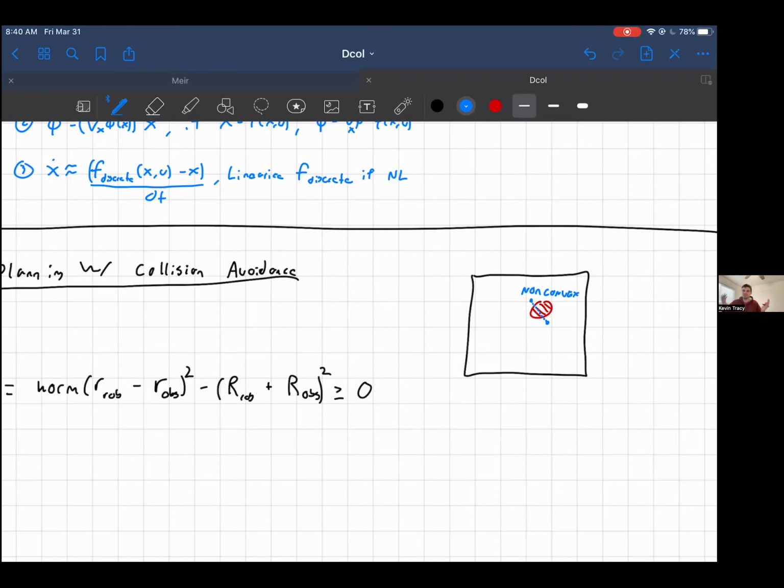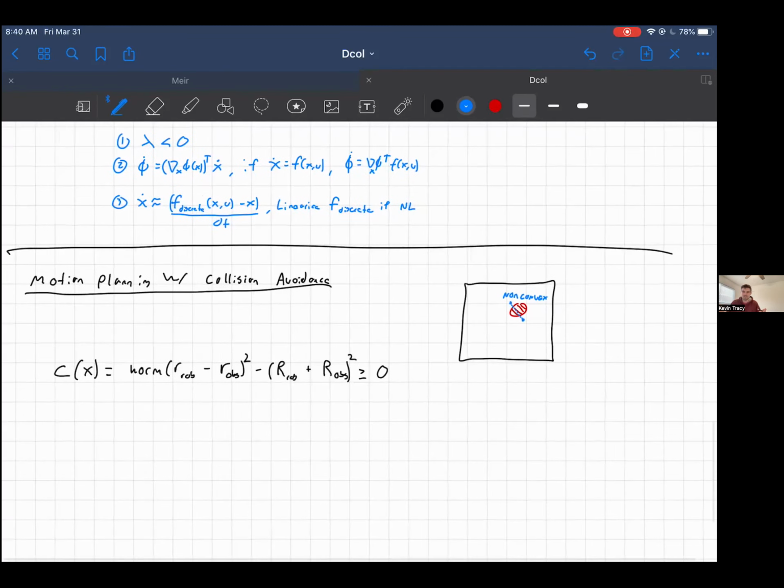The reason that we don't solve the whole problem all the time is because these collision avoidance constraints are non-convex. And this turns our problem into a much more challenging one. Not impossible, still totally doable, and people do this all the time, but it's difficult enough that using the vanilla controller plus CBF is still pretty popular, because this is hard.